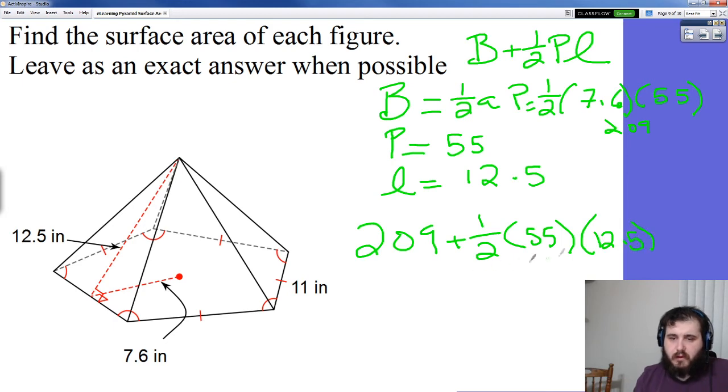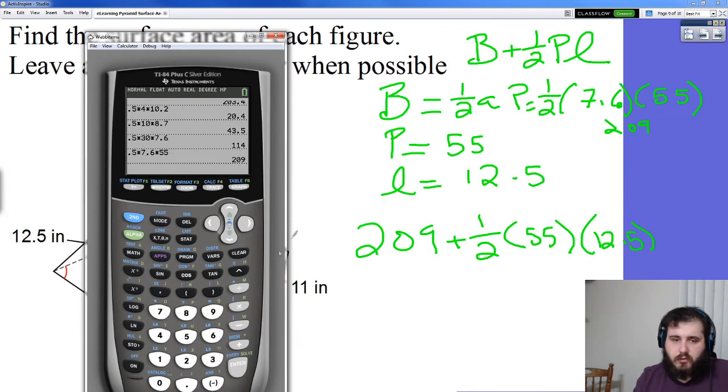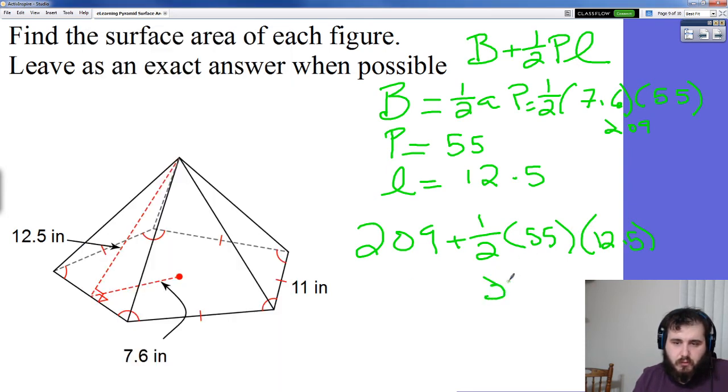And we're just going to put that into the calculator because, again, I don't really feel like doing all that extra. We're just going to do 1/2 times the perimeter times the slant height. Again, double check in your window, make sure what you have is what you're supposed to have. 343.75, so we got 343.75 right here. 209.